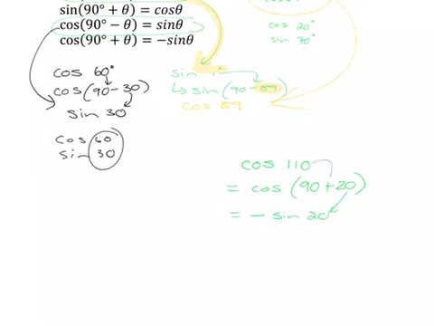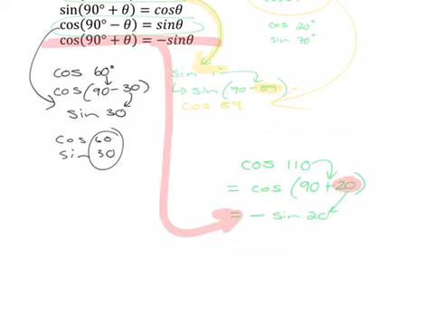So you replicate 110 in a bracket in an addition form, in this case 90 plus 20, and then you replicate the rule from above, that cos of 90 plus can change to the negative sine of the angle within the bracket. But it only happens with cos 90 plus.